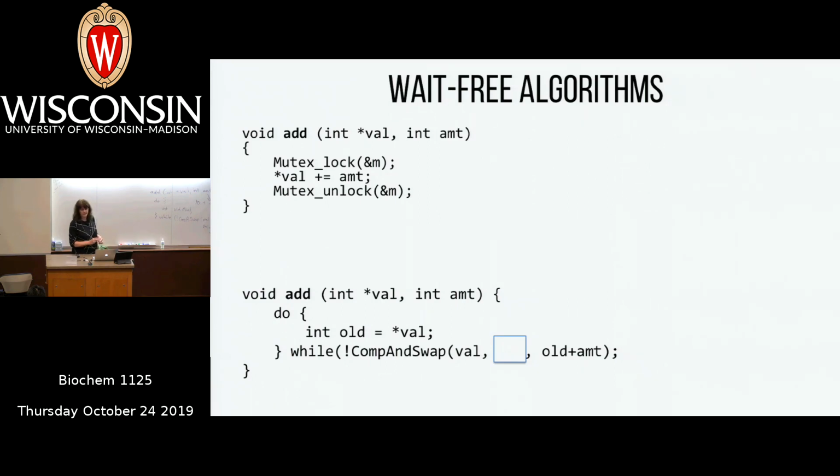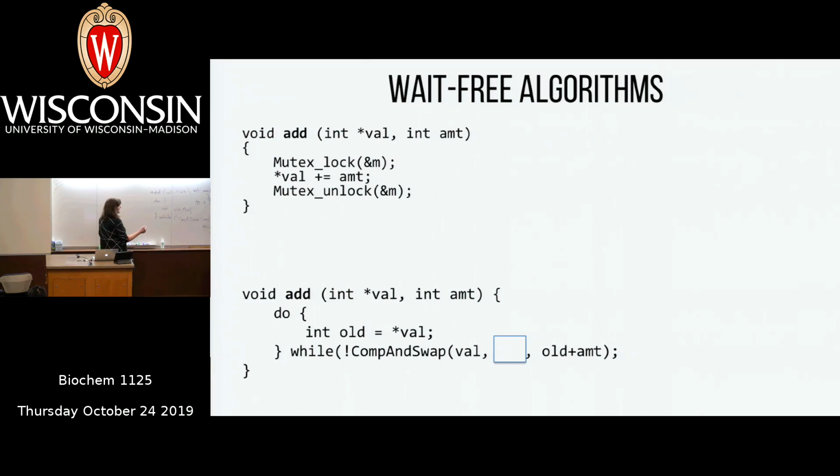Yeah, so the way compare and swap works is it returns true or false depending upon if val equals old. So I just don't want to get my true and false reversed here.